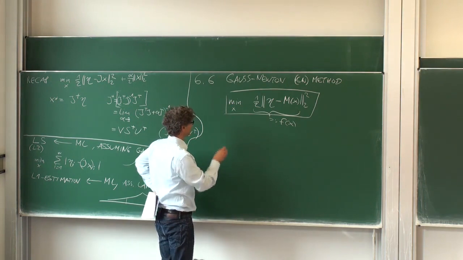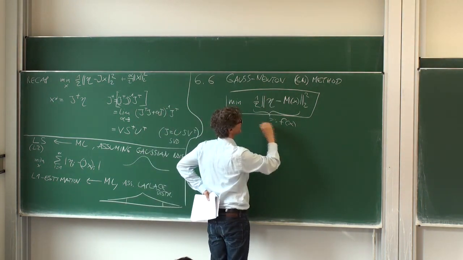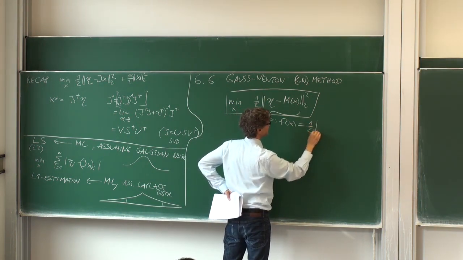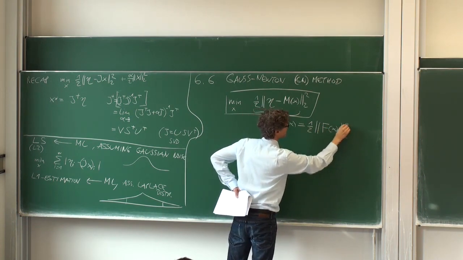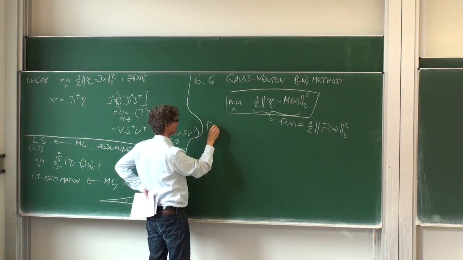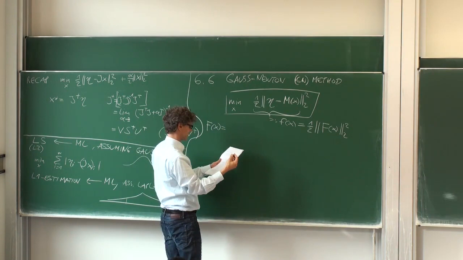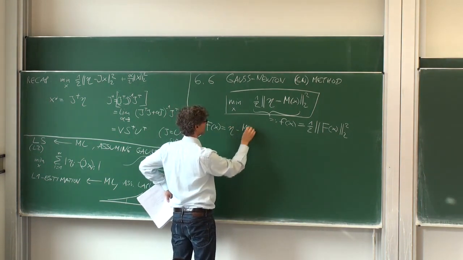In order to simplify notation, I will call this whole residual, before I square it, big F of x. So that's a big F and a small f. I do it like in the script, so it's eta minus m of x.